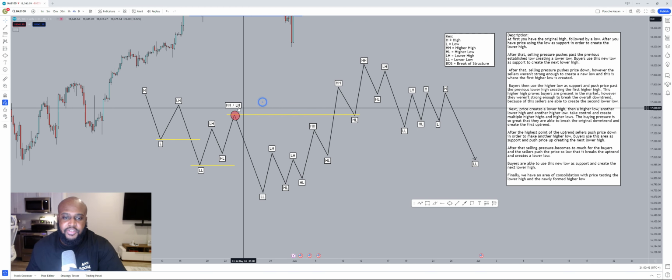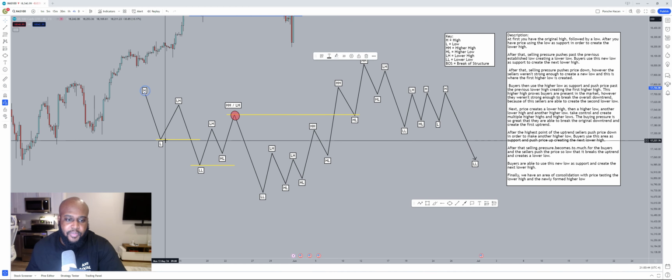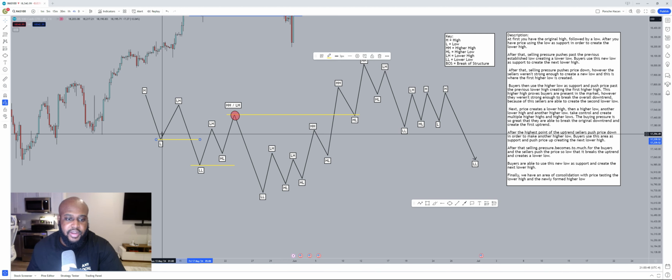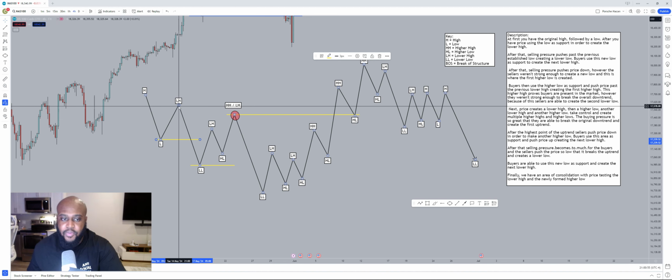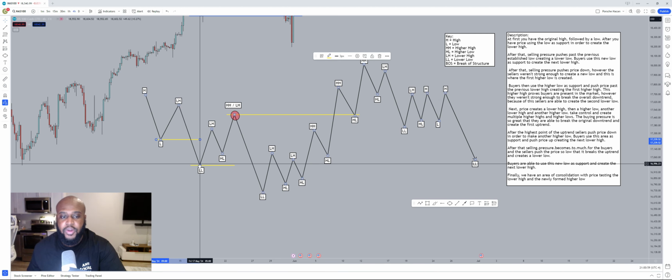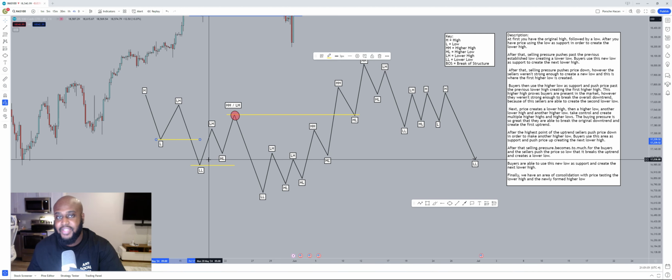So as you can see here, the market was at a high point. We created a low. This low point, like Deshaun mentioned in his notes, is an area of support, because when the market found that low point, it bought back up to create a lower high point, which is correct. From that lower high point, we were able to make a lower low, which is the continuation of that selling pressure.